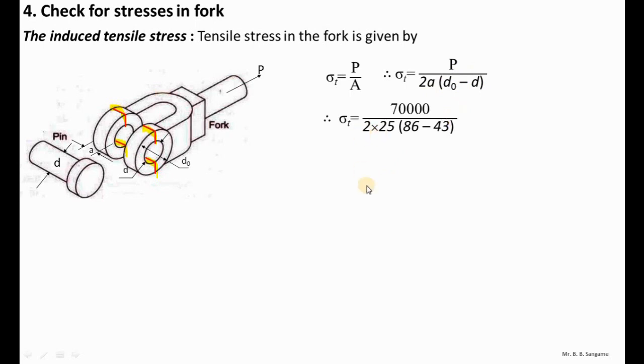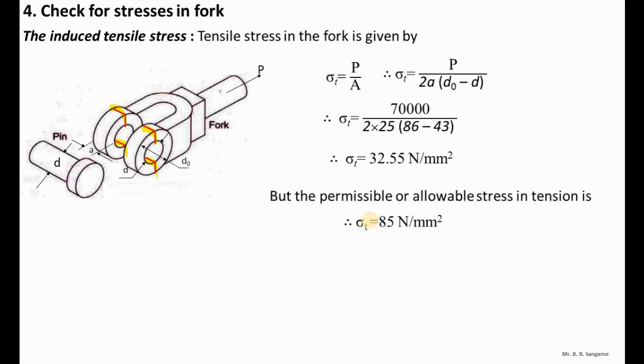As per the calculation, sigma T, the induced tensile stress, is 32.55 Newton per mm square, and the allowable permissible stress in tension is 85 Newton per mm square. This is the induced and this is the permissible.